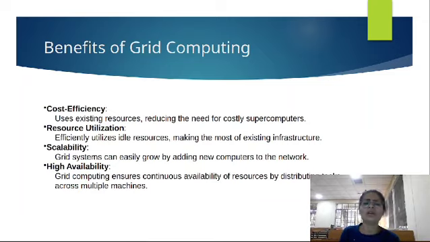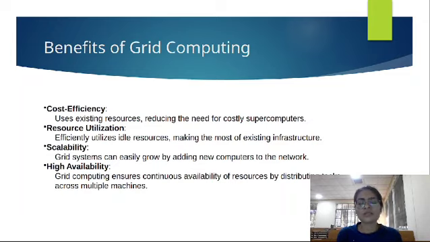Benefits of grid computing: cost efficiency, resource utilization, scalability, and high availability. In cost efficiency, we are using existing resources, so we are not using supercomputers, which are very high in cost. In this way, it is cost efficient.